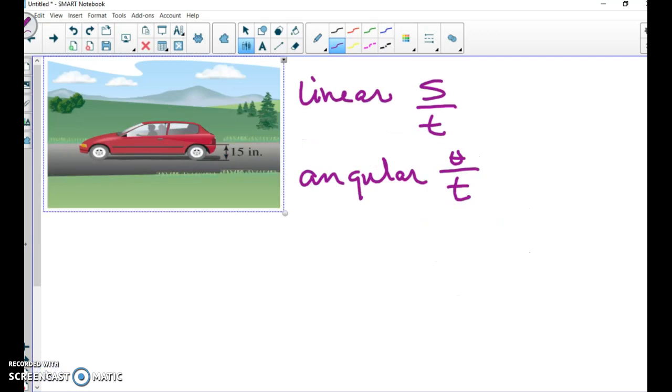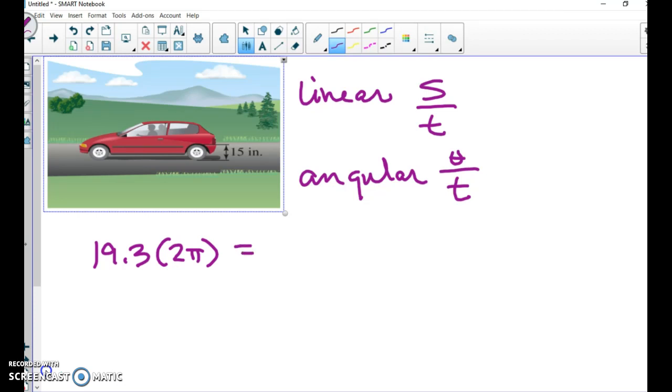So in example 7, it says find the angular and linear speed, and we have a 15-inch diameter tire on a car making 9.3 revolutions per second. Finding the angular speed, each of those 9.3 revolutions are going through an arc length of 2 pi. That's one circle, in radians, one complete circle.